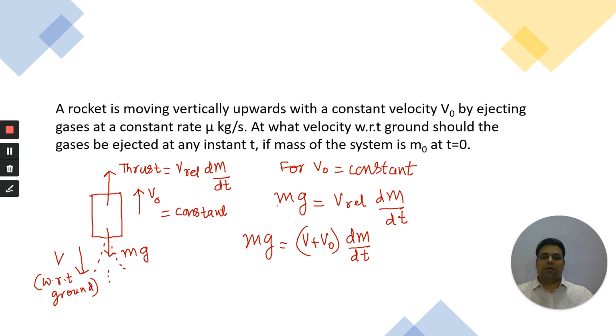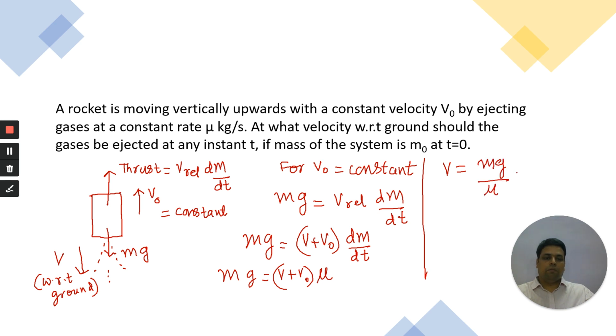We are told that dm by dt is mu, so finally we can write mg equal to V plus V naught into mu. So we get the V we want, because V is the velocity of the gases that are ejected out. V would be mg by mu minus V naught, but m can be written as m naught minus mu t, so V equals m naught minus mu t by mu into g, minus V naught.